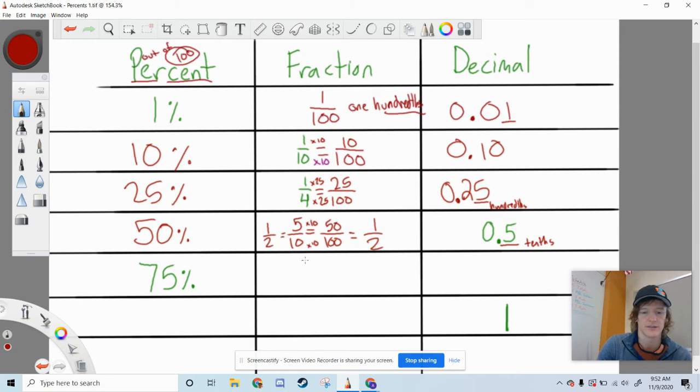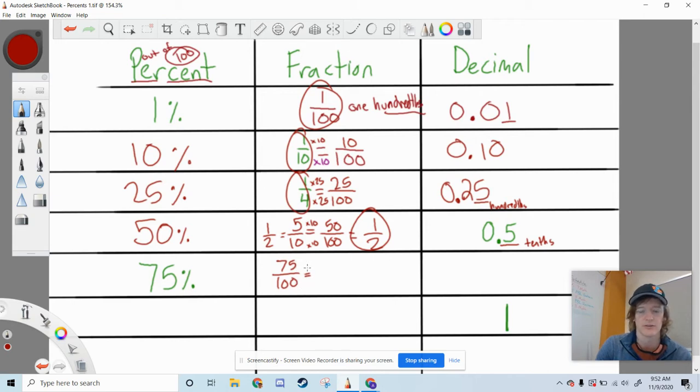75%, well, let's set that up at 75/100ths. We can reduce this fraction, and we're going to do that. For fractions, I want us in simplest form. This is simplest form, this is simplest form, this is simplest form. So we're going to need simplest form. I could divide these by 5 because there's a 5 and a 0. I know that.